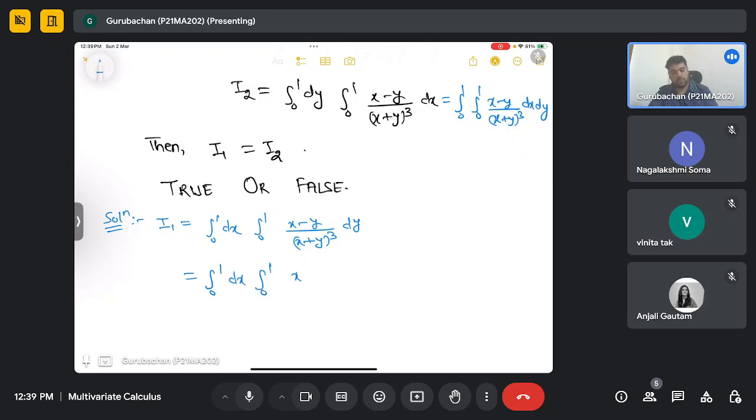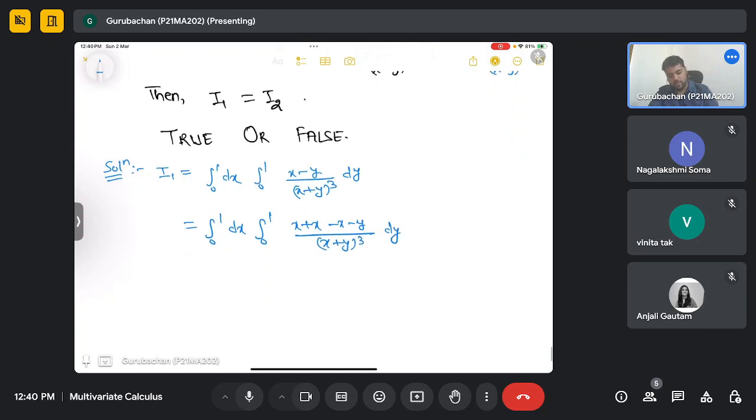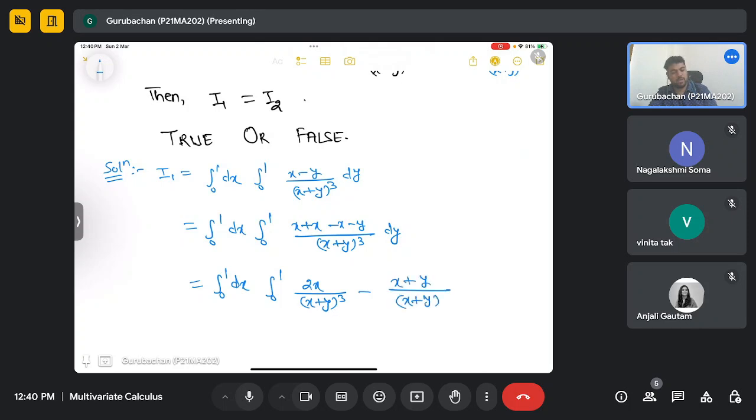So it will be x plus x and minus x, minus y. So this will be 0 to 1 dx, 0 to 1 of 2x divided by (x plus y) cube minus (x plus y) divided by (x plus y) cube dy.